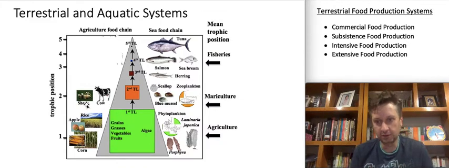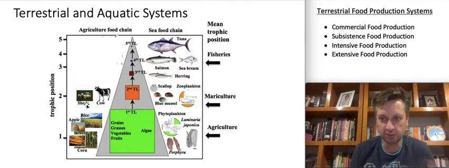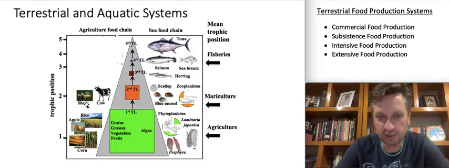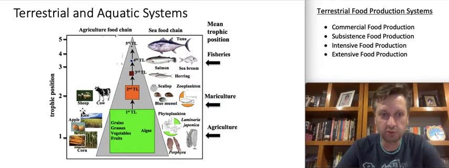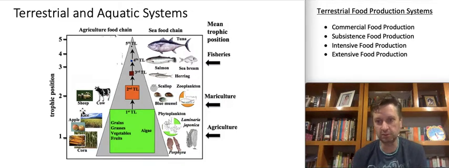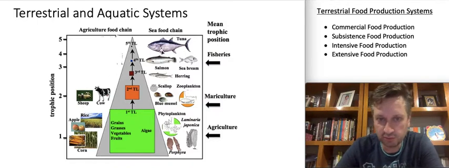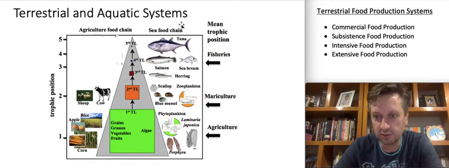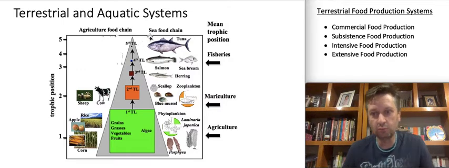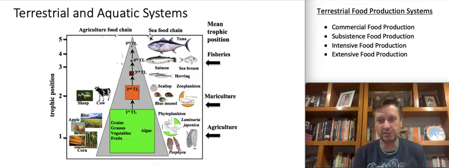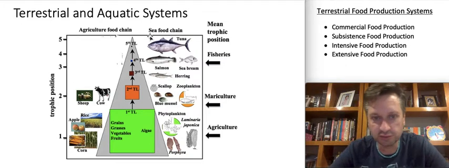So, 1 kilogram of farm salmon requires much greater input of energy and materials than 1 kilogram of terrestrial meat, for example, beef. However, it's worth remembering that a lot of aquatic systems are natural fisheries where we're not actually inputting that energy and material in the first place. We're just scooping those products out of nature.